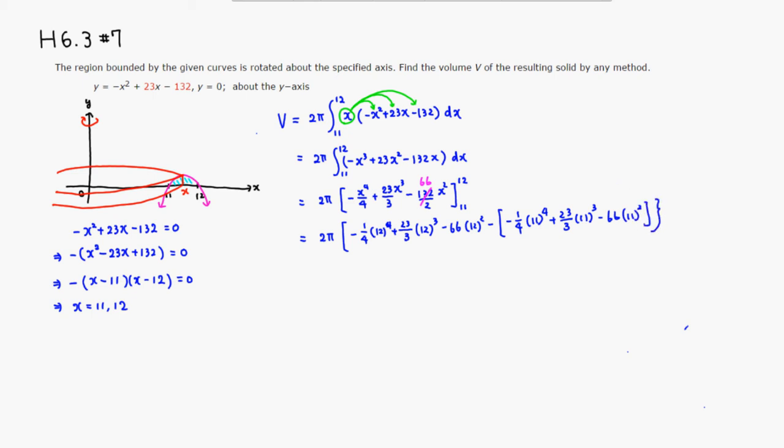So we have to compute this, so this is not going to be fun. This is going to be 2 pi. I'm going to group these things together. I'm going to put negative 1 over 4 and 12 to the 4th. So 12 times 12 is 144, and another 144.